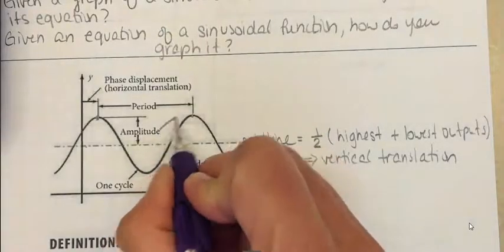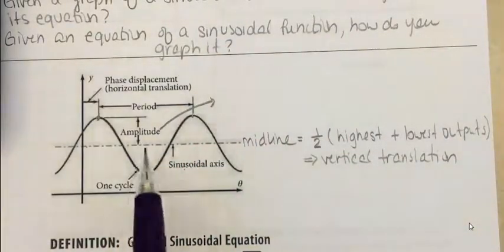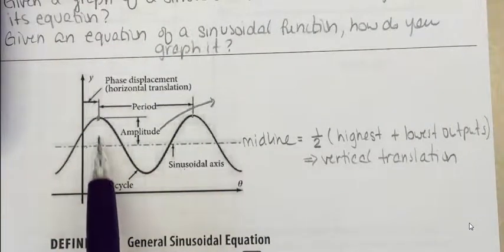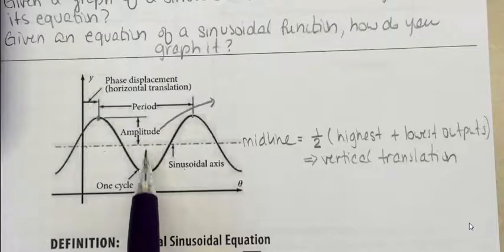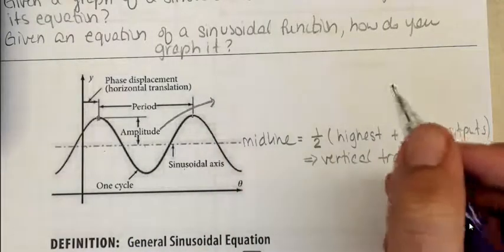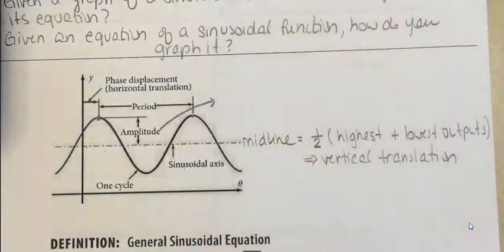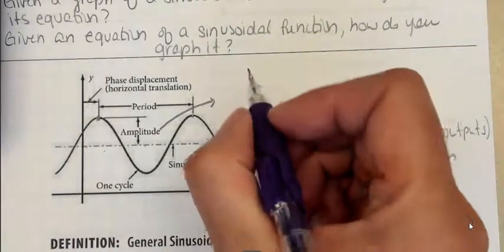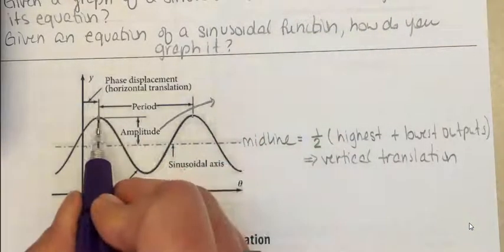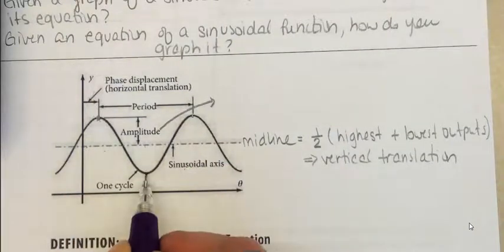All right, now amplitude is a little bit different. Amplitude is how high above this midline you are and how low below the midline. It should be the same number, by the way. So amplitude is more like a distance, and it's half of the distance from the highest point to the lowest point.